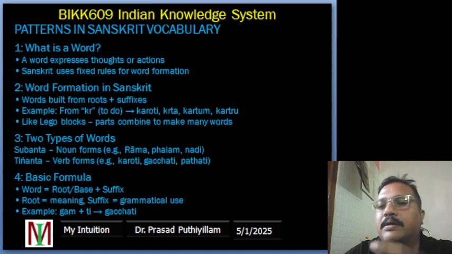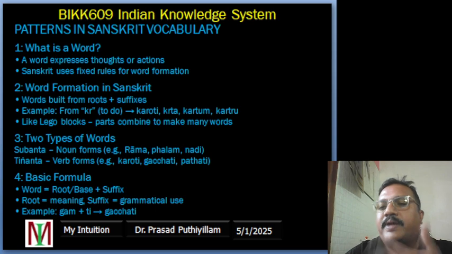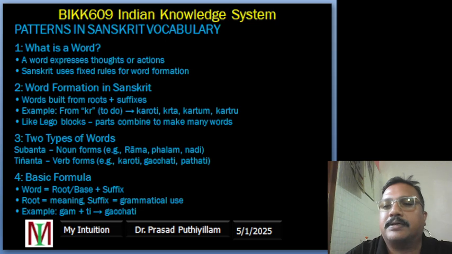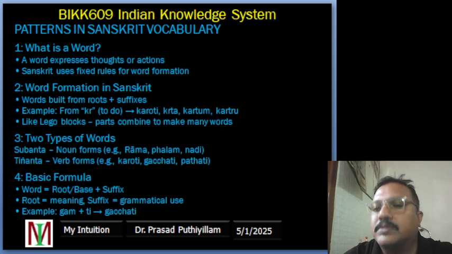The suffix defines how the word is used, whether it's a noun or a verb, or other grammatical features like tense or even gender. For example, if gam is a root word, to that ti is added as a suffix, it becomes gachati. He or she goes, gachati.